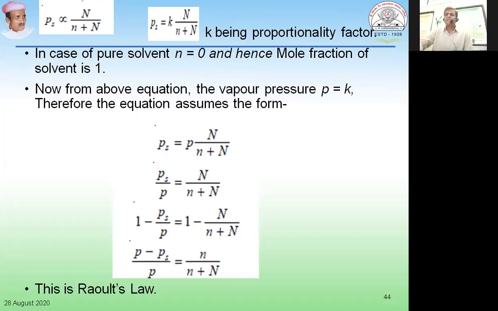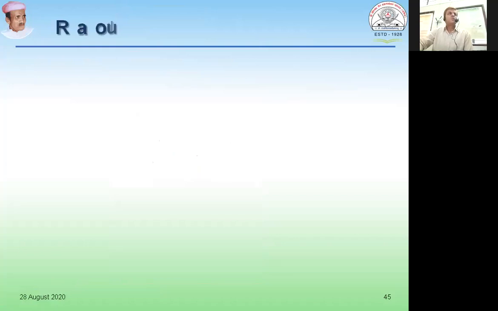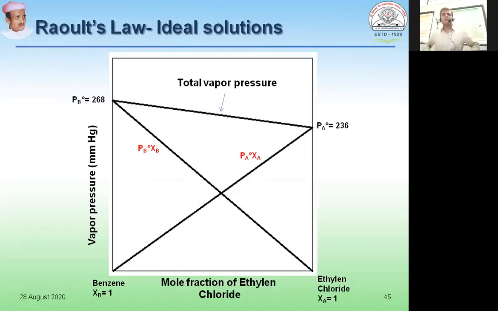In another way, we can say that when two liquids are mixed, the one with higher concentration will be termed as the solvent and the other one as the solute. The total vapor pressure of the system is just the sum of the partial vapor pressures of the components. This doesn't happen in case of real solutions, and that's why we have said that ideal solutions are nothing but the solutions which obey Raoult's law.